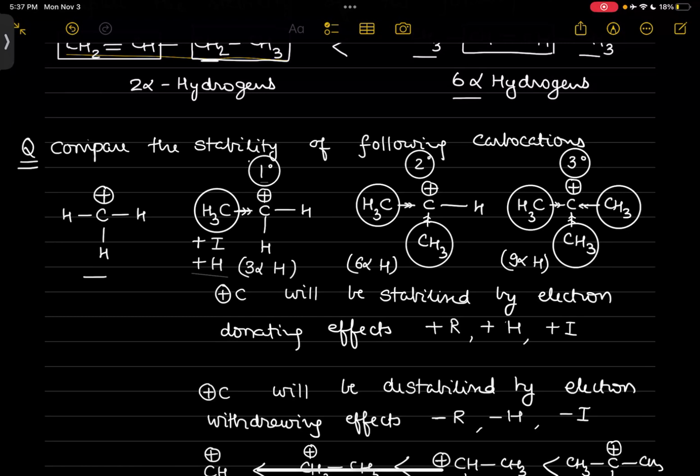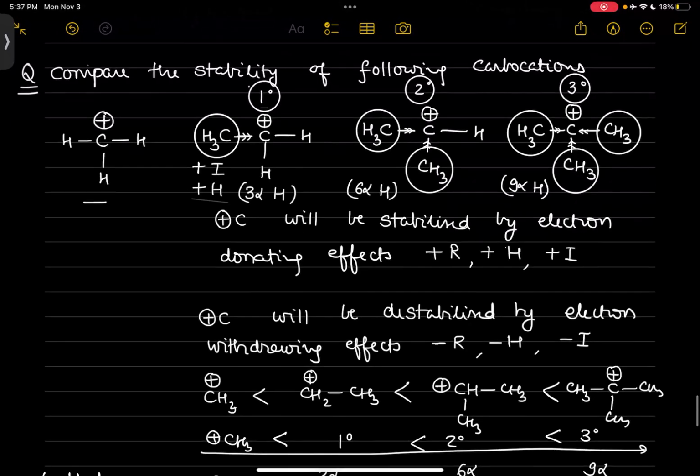These CH3 groups will exert what effect? They are going to exert the plus I effect. These are electron donating groups.